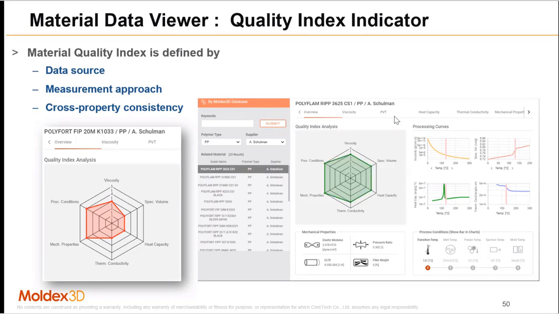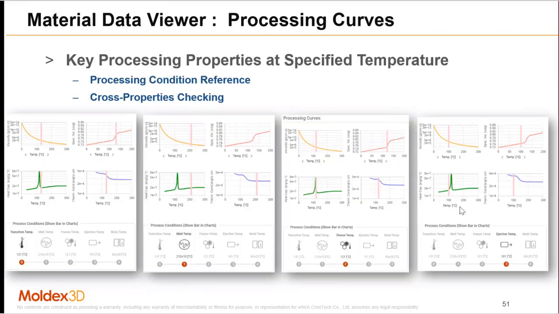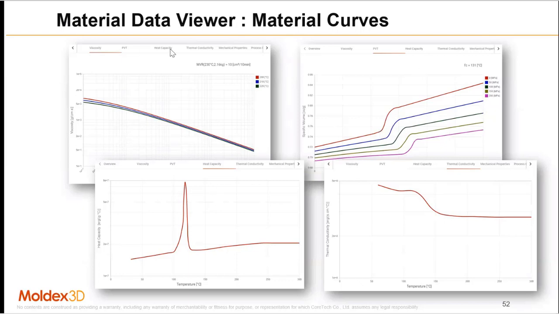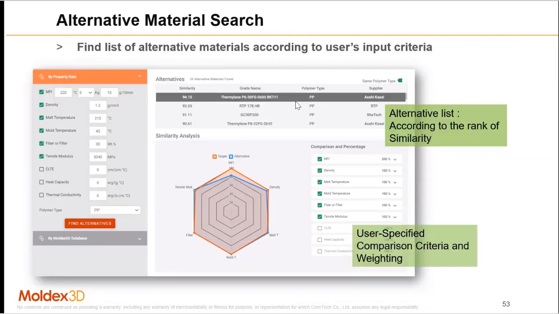And on a different page, you can also check the detailed curves of the materials. Okay, so we can check the key processing parameters at different temperatures. I think Bruce will give you a more in-depth introduction later. So you can also check different curves. Right now, basically, this data viewer is an extension of the current Moldex3D database.